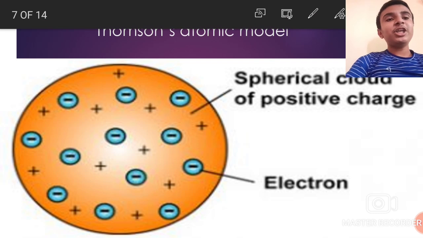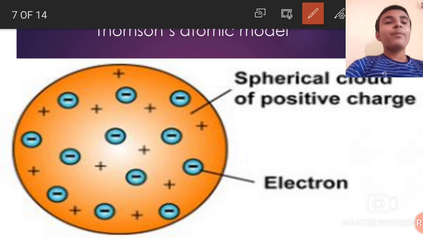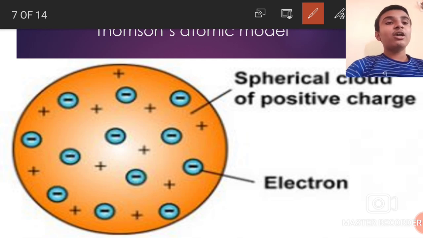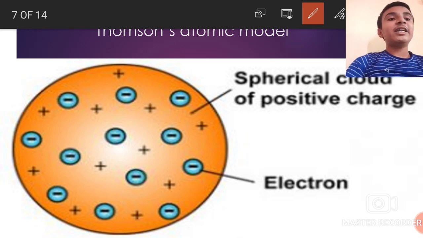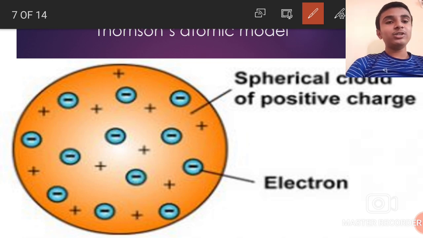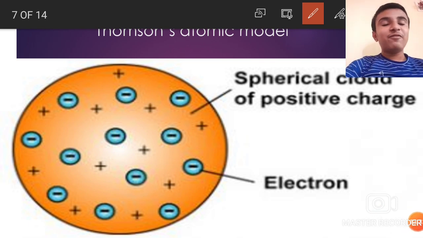So he stated that atoms are not the smallest part of matter, but we can also divide the atom. So the theory of Dalton, Democritus, and Kanad Muni, which stated that atoms cannot be further divided, was wrong. Atoms can be further divided.